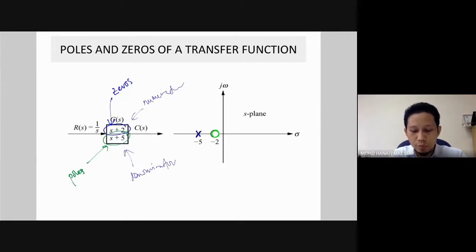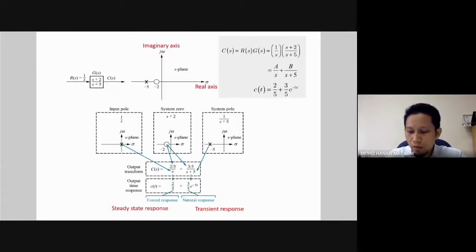So when you put it on the S-plane, our zero is S plus 2, so S equals negative 2. The same goes for poles. We have S plus 5, so when you put it on the S-plane, it has S equals negative 5. Okay, next one.